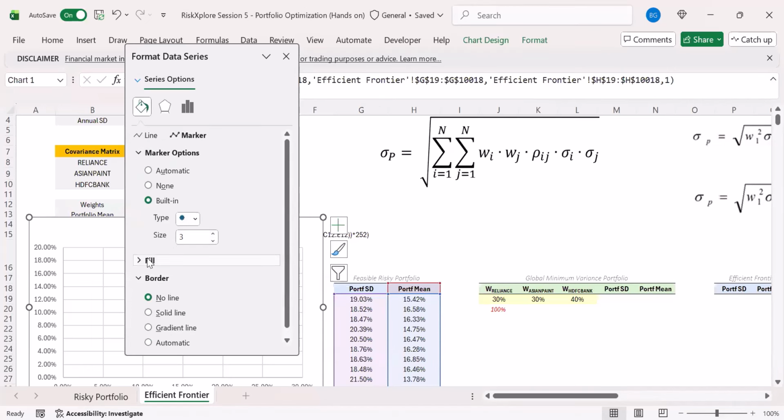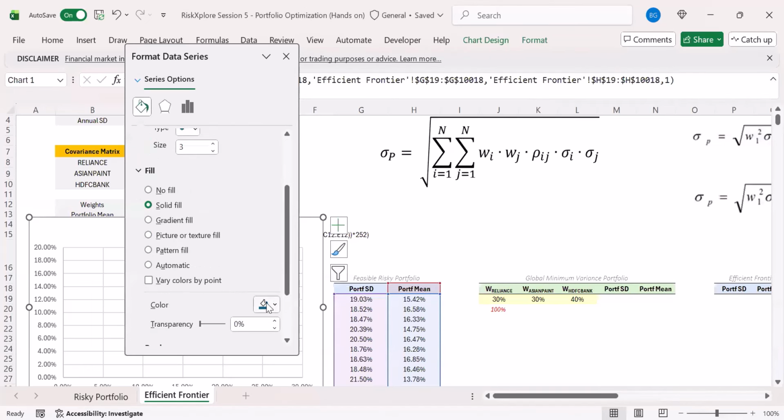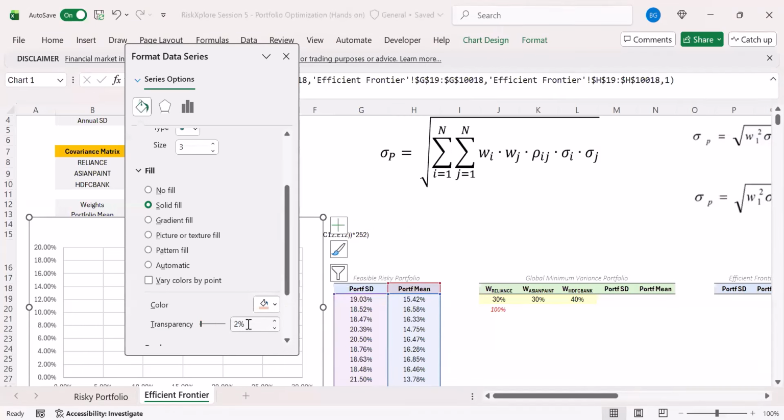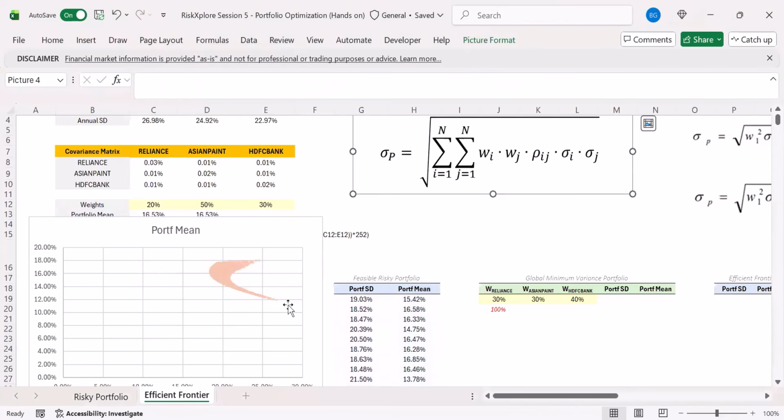Let's use no border, fill it with this color here, and increase the transparency to 50%. You can see that these are all the possible portfolios, all the feasible portfolios that we can create.